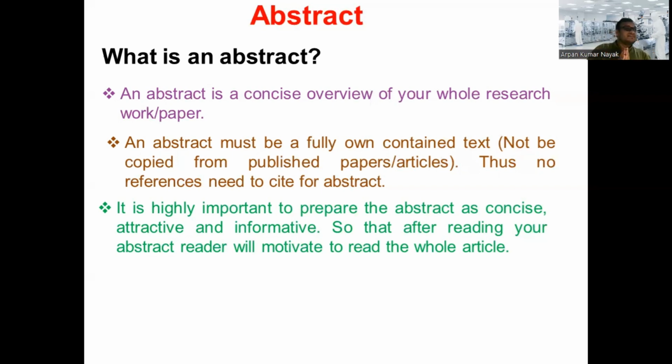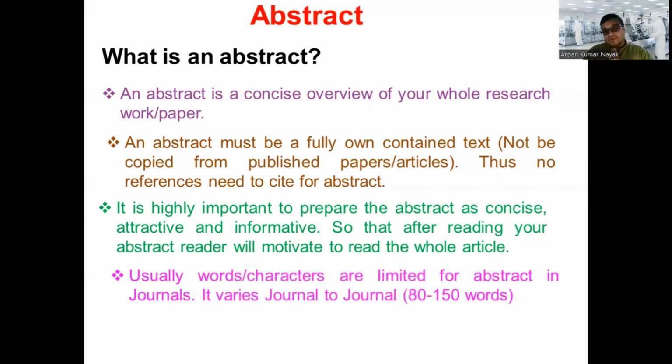That's the reason in abstract we don't have to include any citation or any references. So in abstract section, there will be no references or no citations. So now we can understand the importance of abstract. We have to make it concise, attractive, as well as informative.